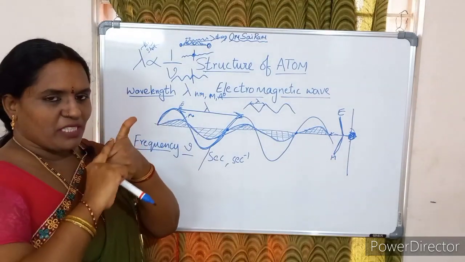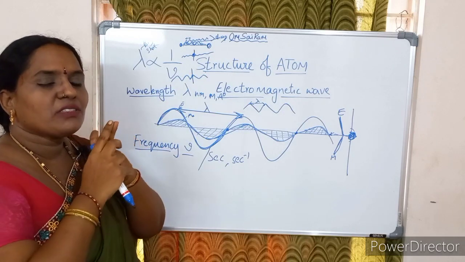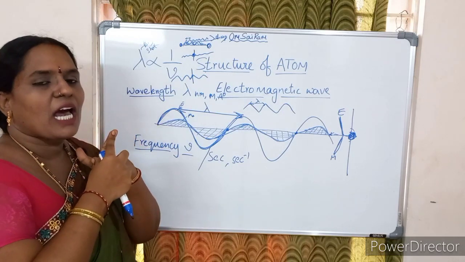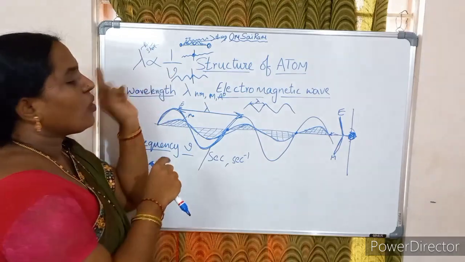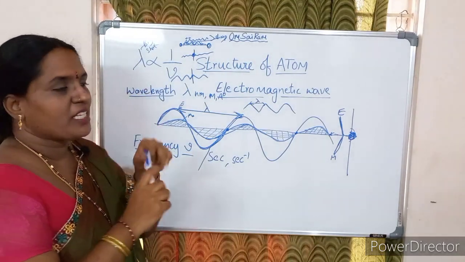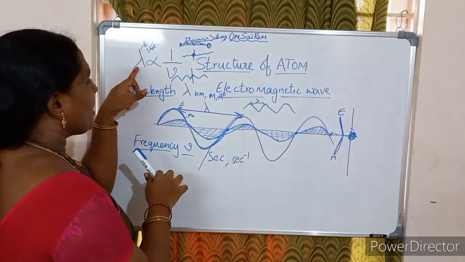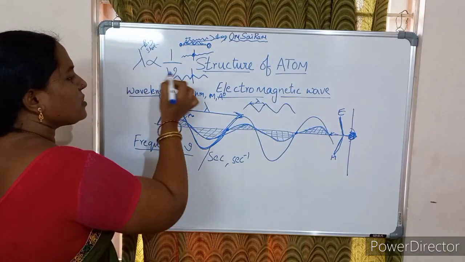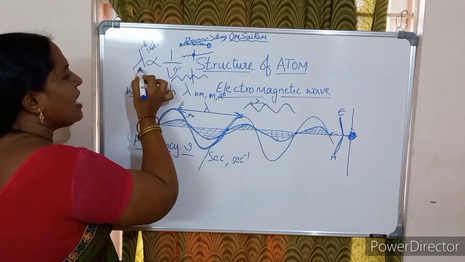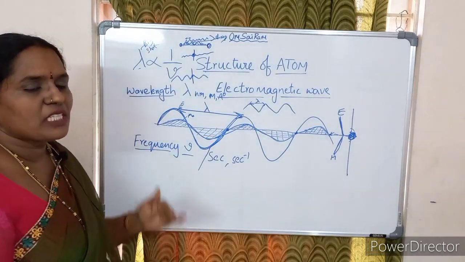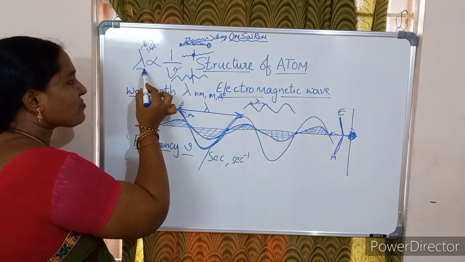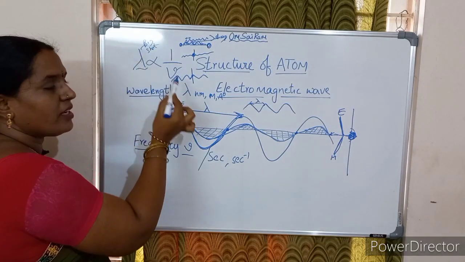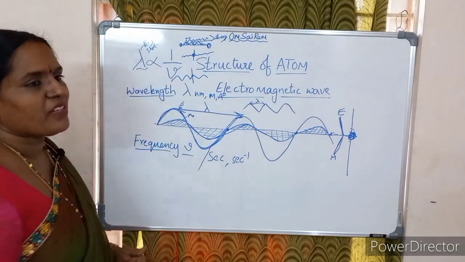If the disturbance is more, the waves are sharper because they possess less wavelength and more frequency. If the disturbance is less, the waves have more wavelength and less frequency.